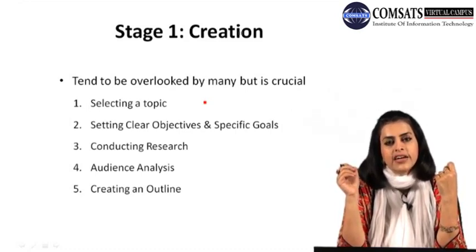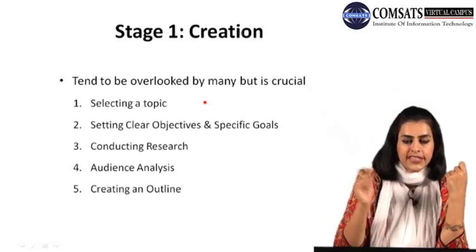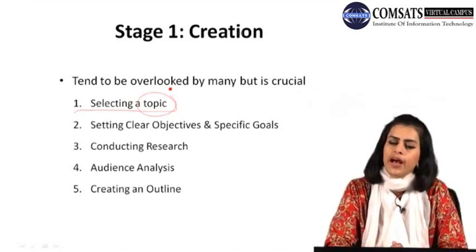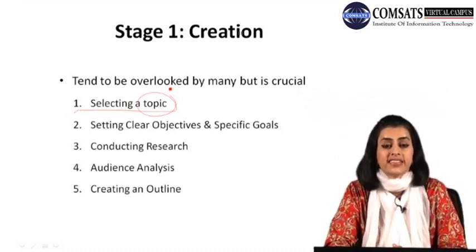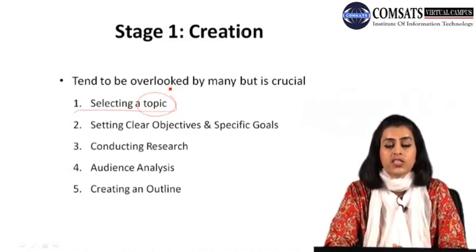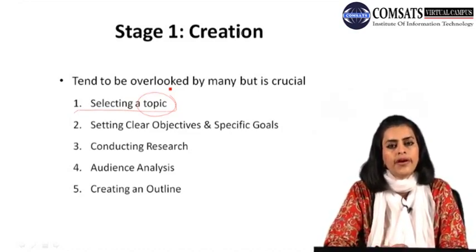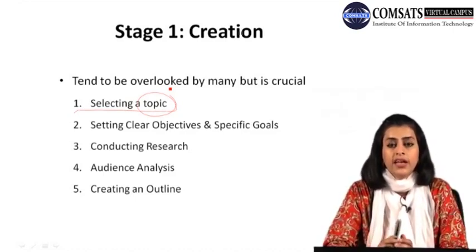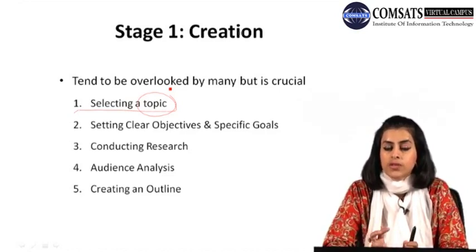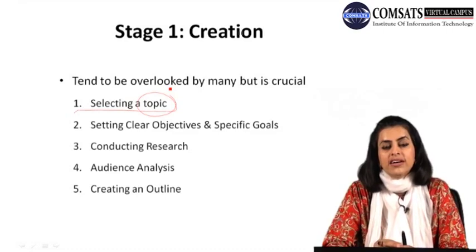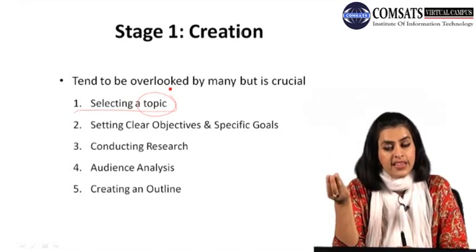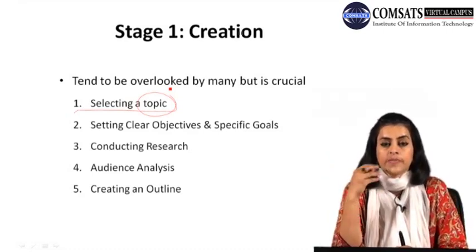For creating something, there are a few things you are supposed to keep in mind. The first thing is selecting a topic. If you are assigned a topic by your supervisor or your teacher, that's a separate thing. But if you are asked to deliver a presentation on a product, whether it's a mobile phone or a pen, you are supposed to select a suitable, eye-catching title for that product that can appeal to the audience, so that they become more interested in your presentation.